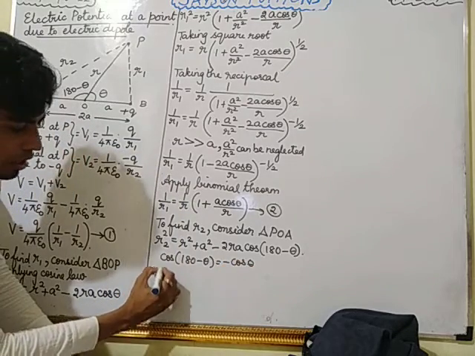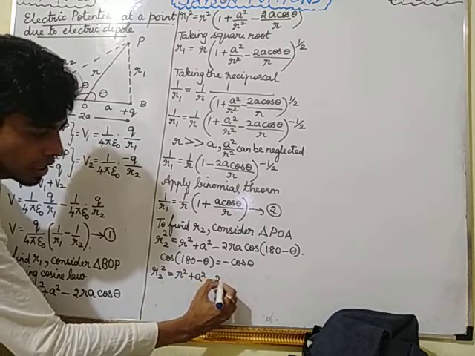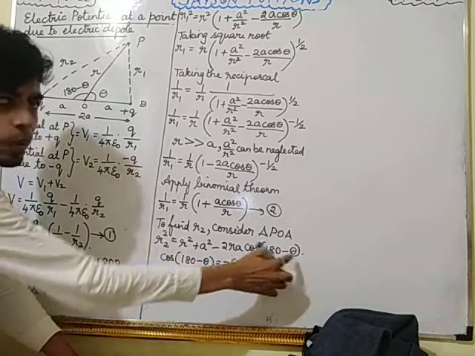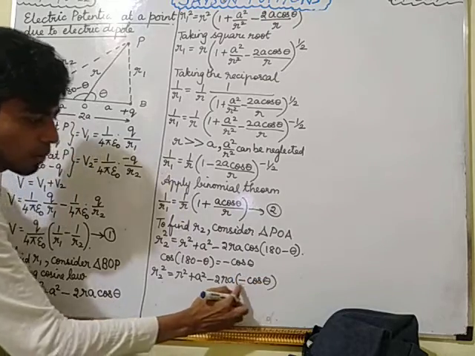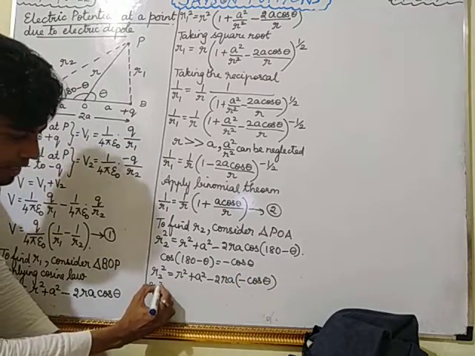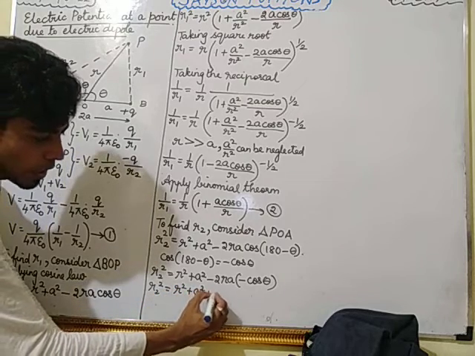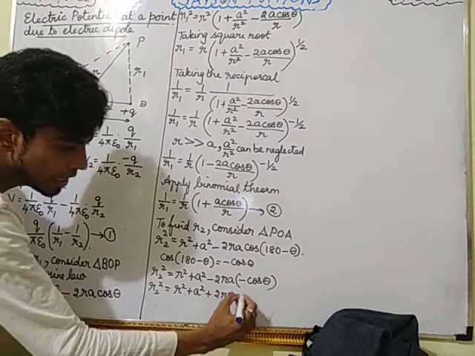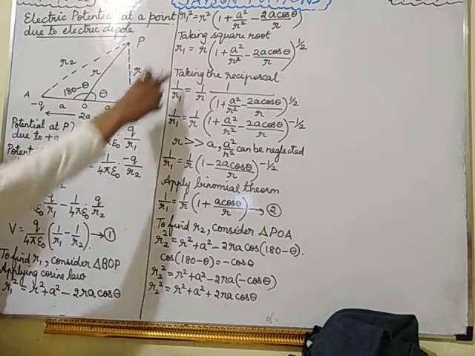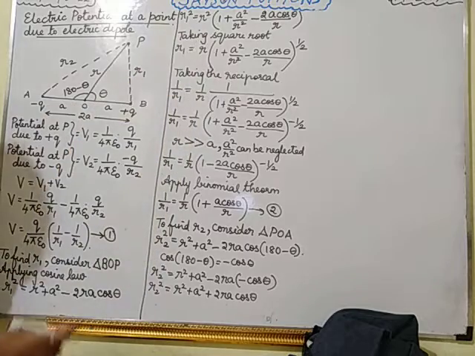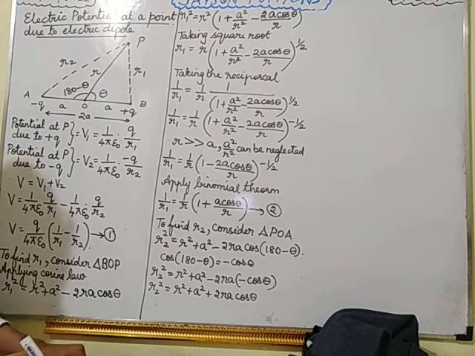Cos 180 minus theta is equal to minus cos theta. So I will get R2 square is equal to R square plus A square minus 2RA, and cos 180 minus theta will become minus cos theta. So minus into minus will become plus. R2 square is equal to R square plus A square plus 2RA cos theta. Now if I want R2, what should I do? I should take the square root. But before that I should take R square commonly outside.